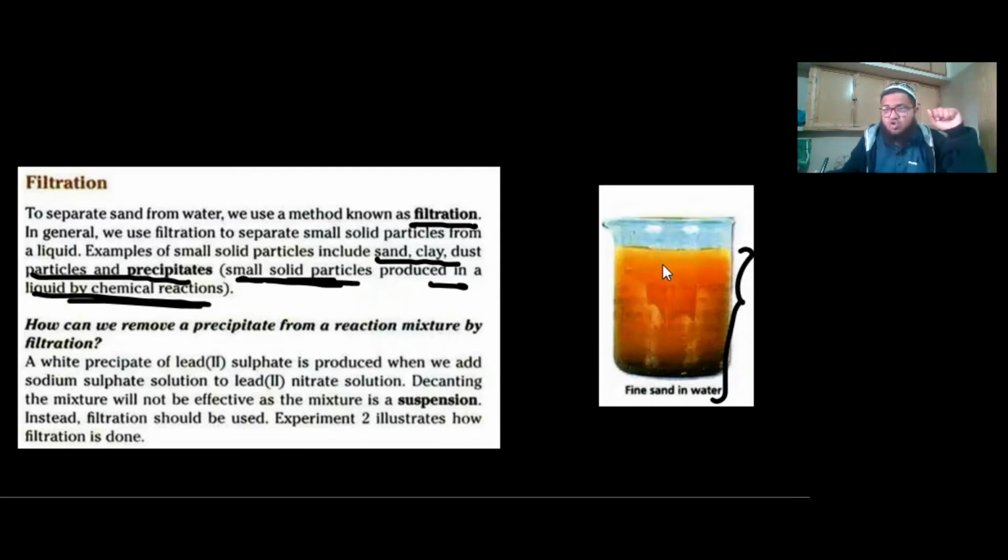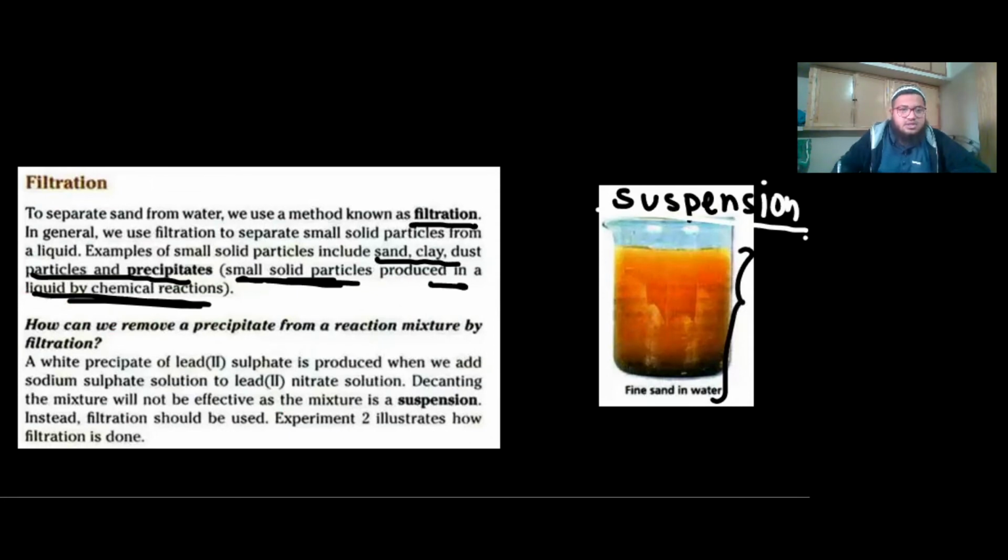The sand isn't localized at one position, but rather it is present throughout the beaker. So such a solution is called a suspension. Okay, what is a suspension? A suspension is any solution in which the precipitate is not localized, but rather is present throughout the liquid.